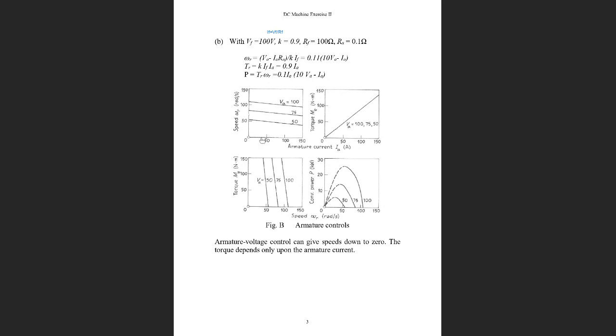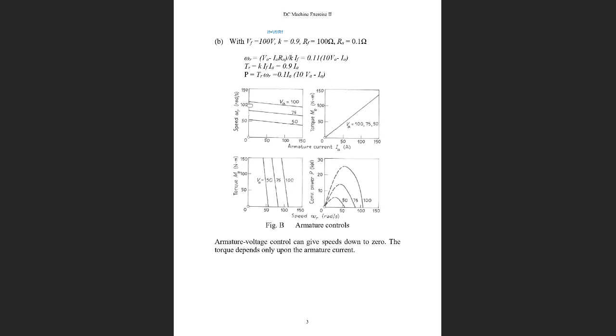Look at the first diagram we are given here, which is drawn based on the above equations. The horizontal axis is the armature current IA, and the vertical axis is the motor speed. First, for a given field voltage of 100 volts, with the terminal voltage 100 volts too.